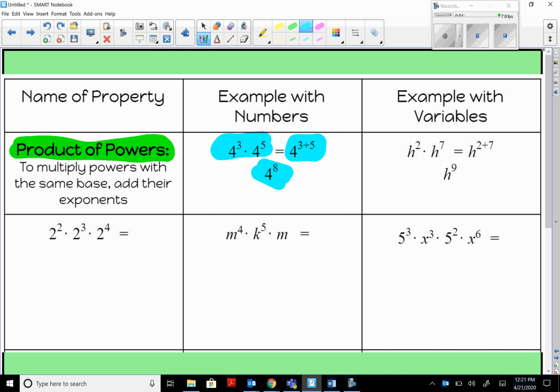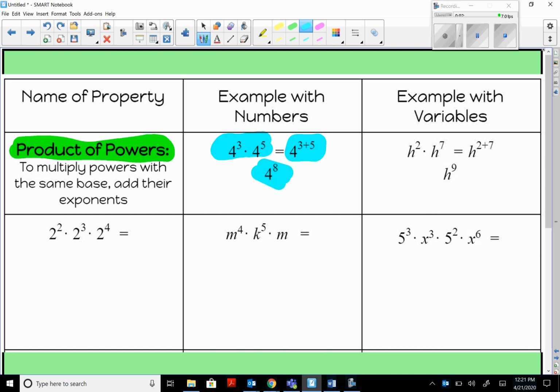If they're solvable, meaning if the answers are not going to be a huge number, we can go ahead and evaluate. If it is going to be a huge number and you don't have access to a calculator, don't worry about evaluating it.